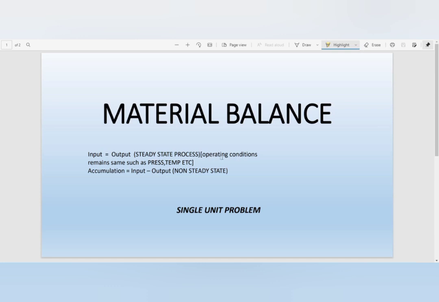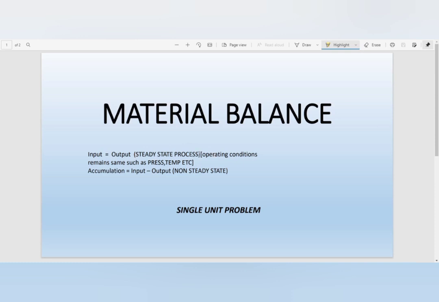For steady state, where temperature and pressure are constant and not changing, we consider input equals output. We just equate the streams of inlets and the output streams, and apply balance accordingly.